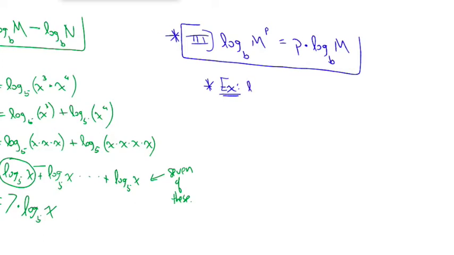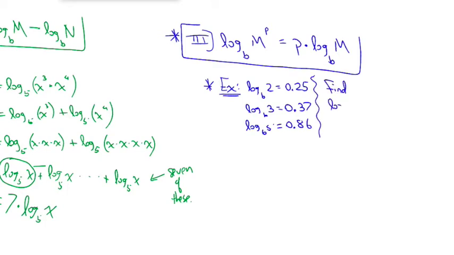If I tell you that log base b of 2 is equal to 0.25, log base b of 3 is equal to 0.37, I'm just making up numbers, and log base b of 5 is equal to 0.86, what I want to do is find log base b of 25 square root of 2 over 9.